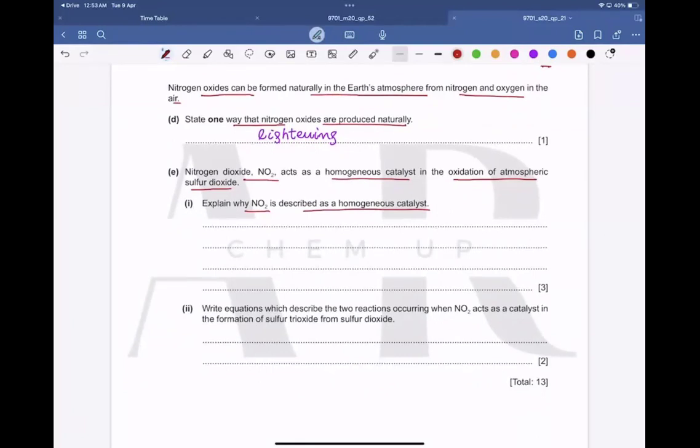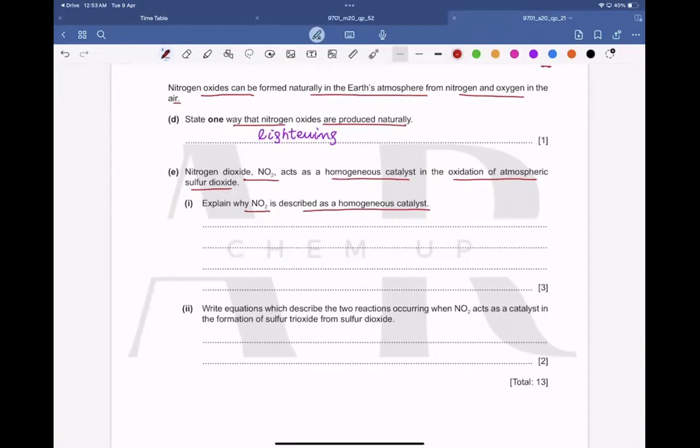So I will write homogeneous catalysis, and see it's of 3 marks, right?